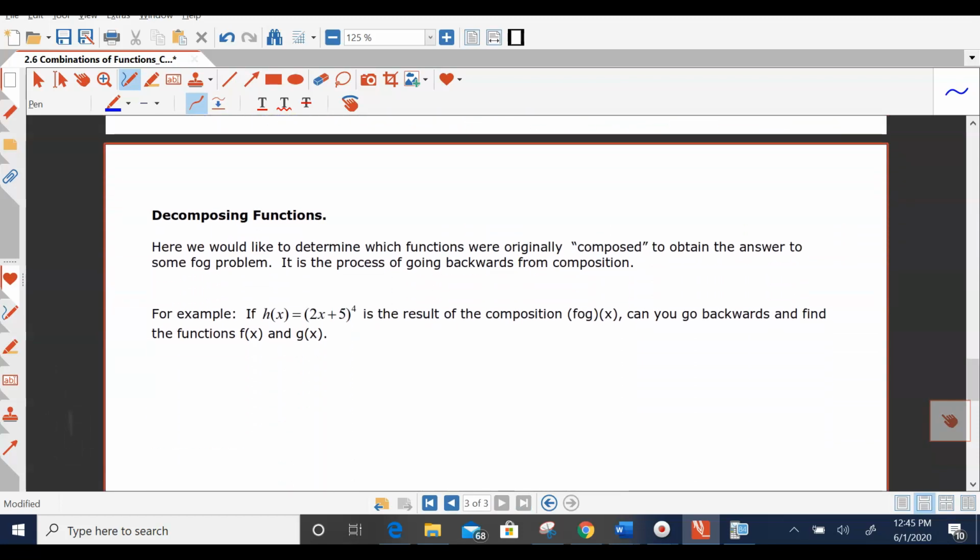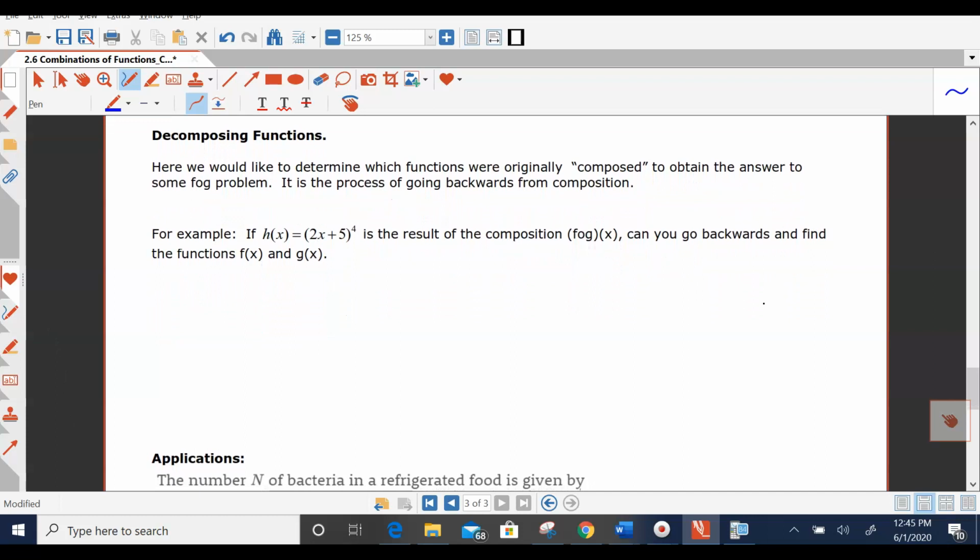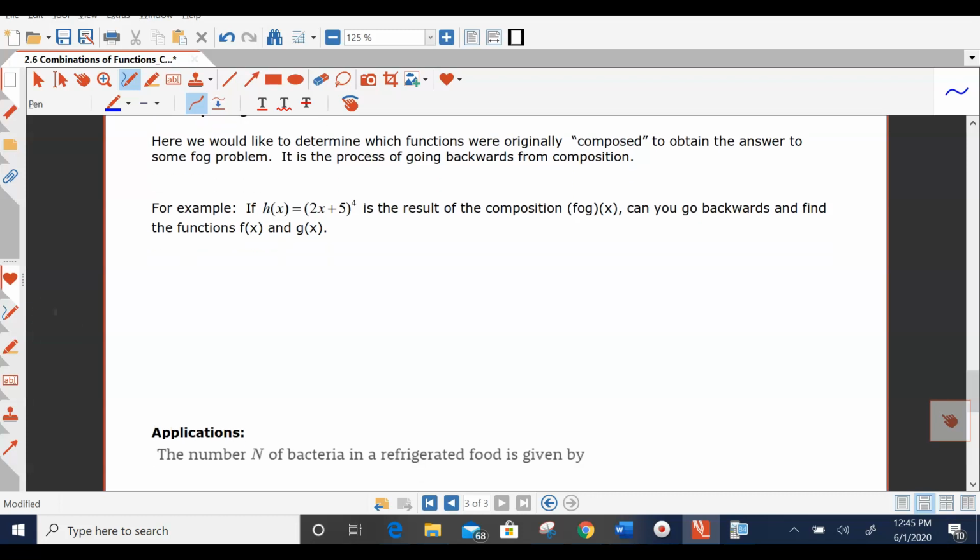Okay, what if we're asked to go backwards, to decompose a function, which means you've got a function that's the result of a composition. Let's go backwards and find out who's the inside function and who's the outside function. So this is the way we're going to work it.